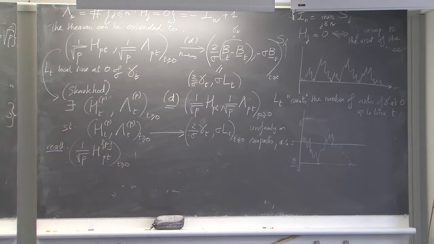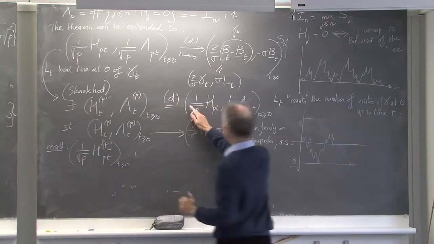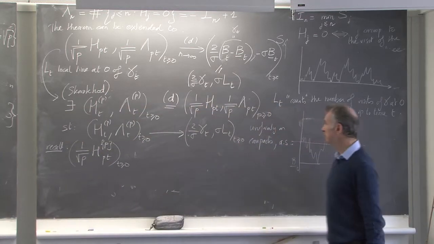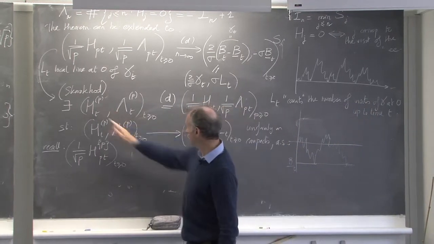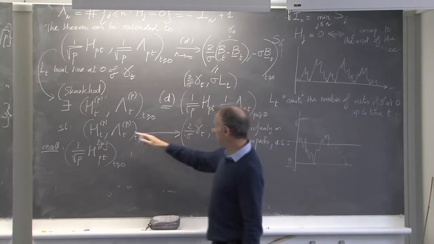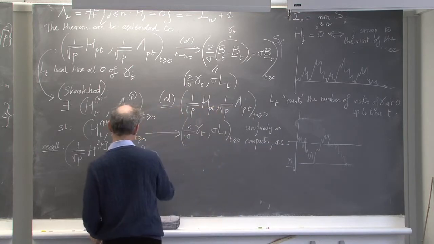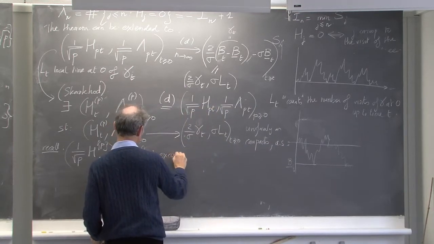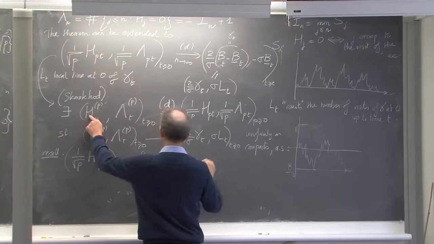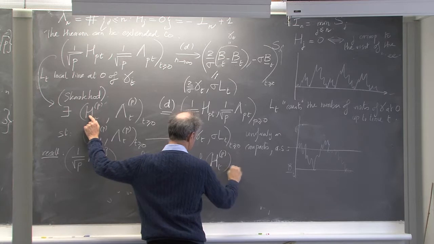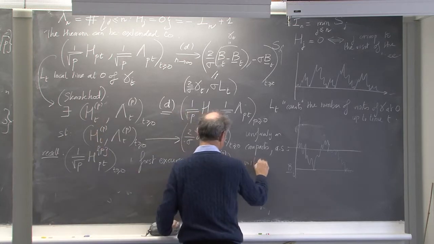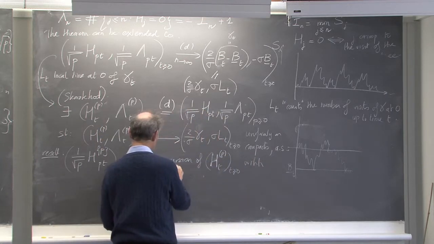rescaled height process. I told you before that it can be viewed as the first excursion of this one with height greater than 1. But since they have the same distribution, I can as well say that it's the first excursion of this one with height greater than 1.